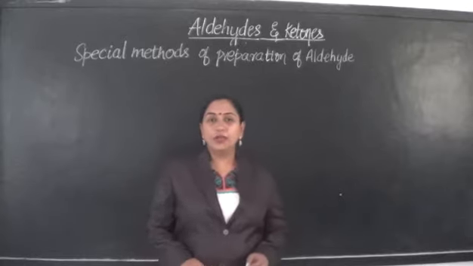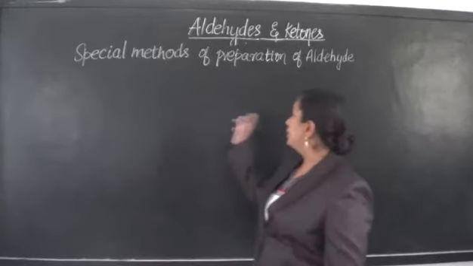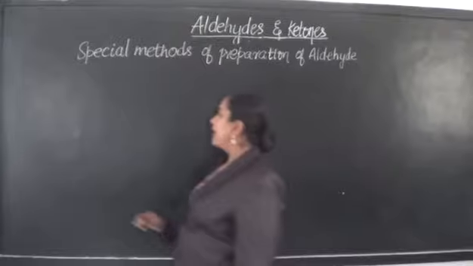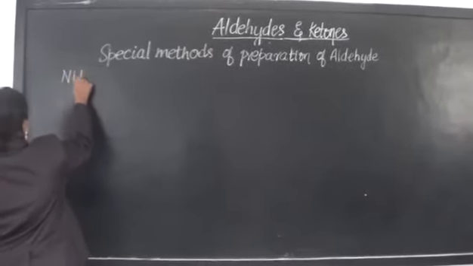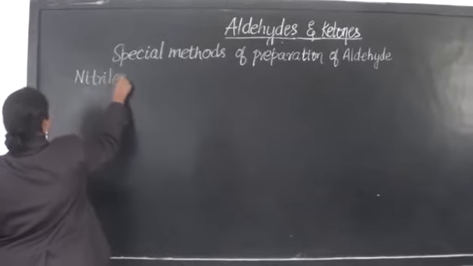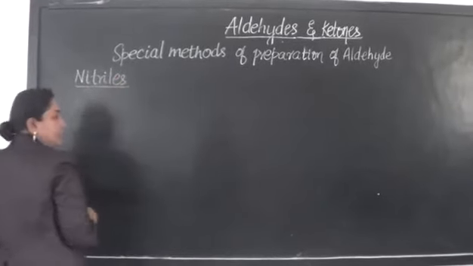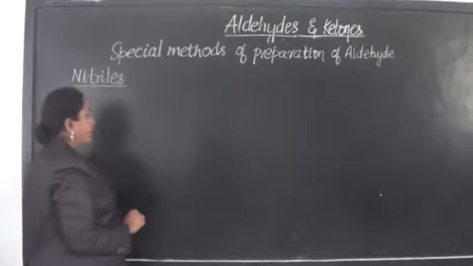Let us continue to understand the special method of preparation of aldehydes, again starting from nitriles. This is the second method that we are going to learn by taking nitriles as our starting material.